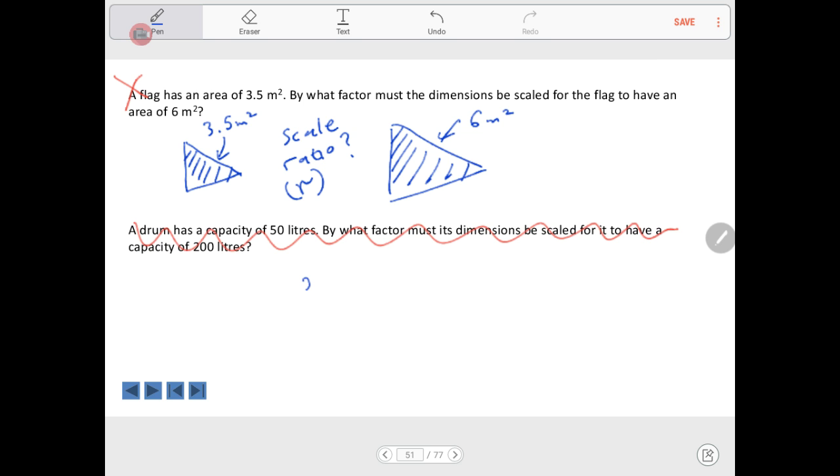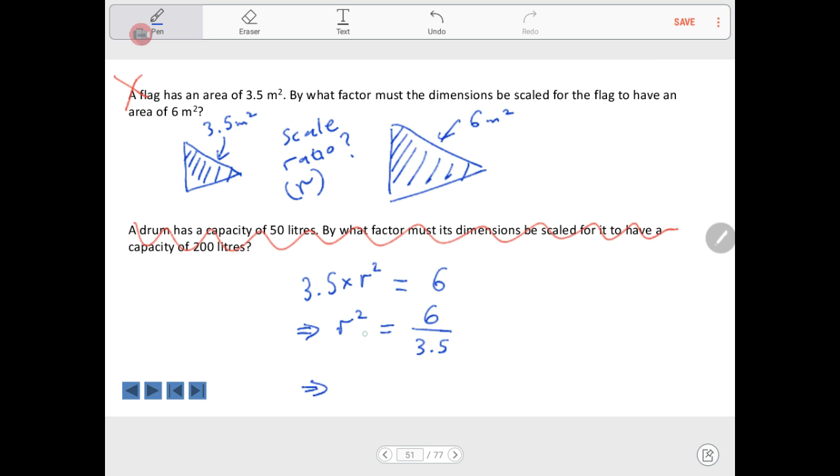We know that if we take the original area to turn it into this new area, we need to multiply it by the scale ratio squared. So 3.5 times whatever the scale ratio squared is will give the new area. Now rearranging to get R squared on its own, 3.5 is multiplying by R squared, so it goes over the other side and divides.